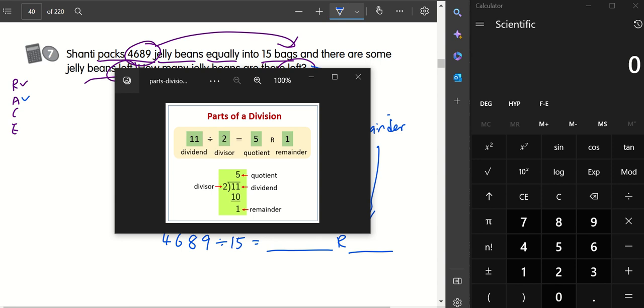So 11 is the jelly beans, so the dividend is the jelly beans, and the divisor, that's 2, that's the 2 bags. Most of us are quite cool with that. So then you have quotient and remainder. That's what most of us are familiar with. So most of us are able to say remainder 1 is the answer we are looking for, what's left over. Then what does 5, the quotient, represent?